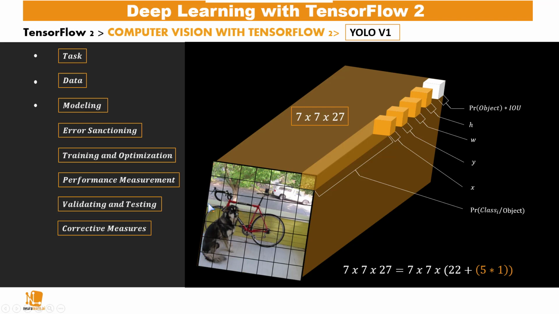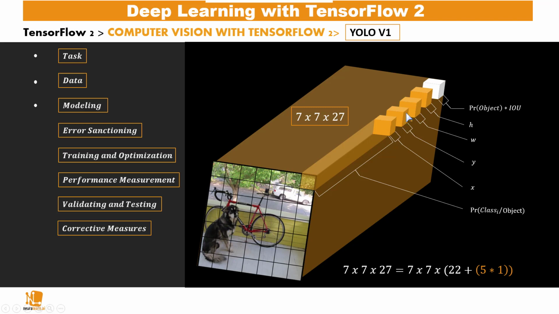To measure that closeness, we use what we call the IOU score. So we have to multiply that prediction by the IOU score to say whether there's actually an object here or not. This will go a long way to avoid situations where the model predicts boxes which are not very close to the ground truth boxes, or whose dimensions aren't similar to those of the ground truth boxes.